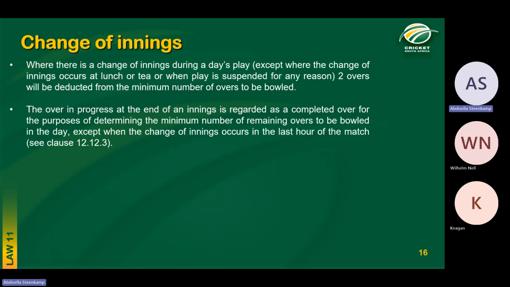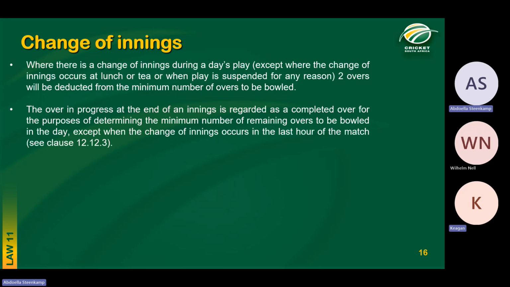Keegan, do you want to add to it? Yeah, in the last hour, you must work it out to the specific ball. So if it's 2.3, you deduct 2.3 from the 16, you will get 14.3 overs to be bowled.